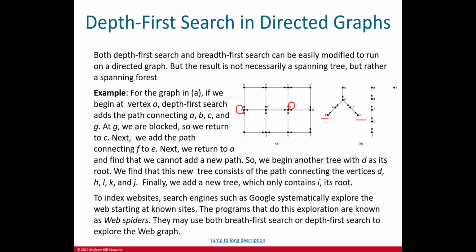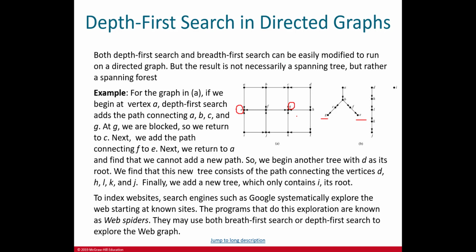So what we can do now is start with another vertex D, and then we see that we can go to H, so we cover this part. From H we can go to L, then K, then J, and so on.